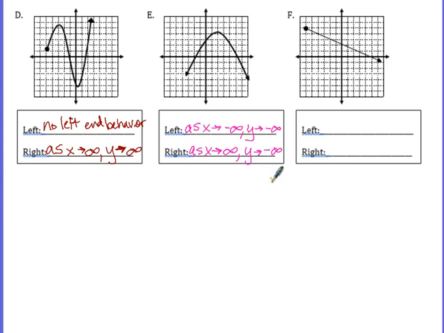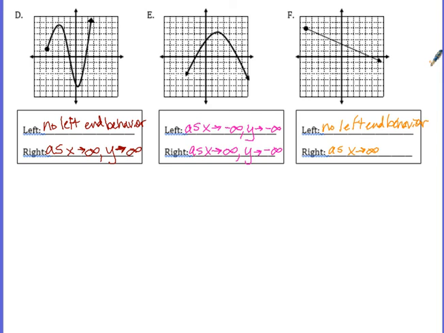All right, and then F, again, we have a stopping point here. So just like in D, we have a stopping point. We don't have things going off and off. We have no left end behavior. But on the right-hand side, we do have things going off. So let's start the phrase with as x goes to positive infinity, because that's what right end means.